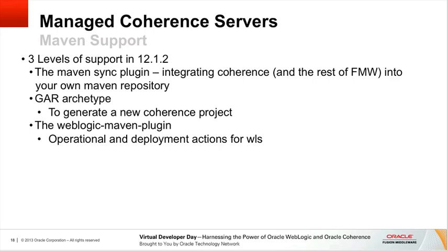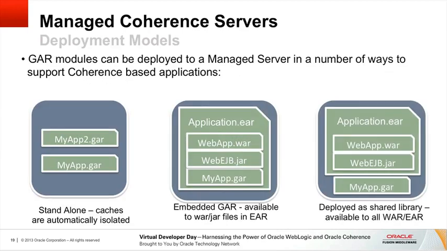There are 3 levels of support: the Maven Sync plugin, which integrates Coherence and the rest of FMW into your own Maven repository; the GAR archetype, which allows you to generate a new Coherence project using Maven; and finally the WebLogic Maven plugin, which allows you to operationally manage and deploy actions within WebLogic. We'll see all of these in action as we get into the actual code and demonstration of the application.